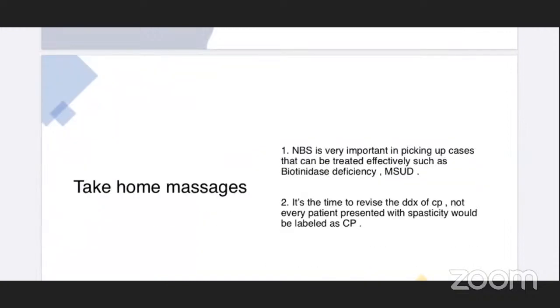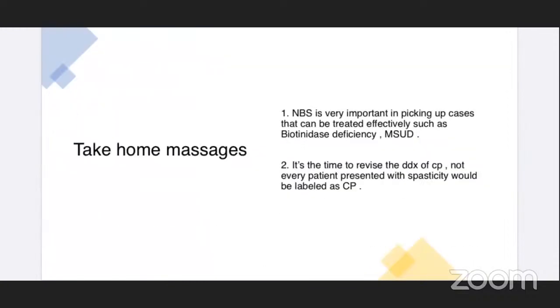As a take-home message, please, MRI is very important in picking up treatable cases, and cases can be treated effectively, such as vitamin deficiency and MSUD. Now it is time to revise the diagnosis of cerebral palsy.